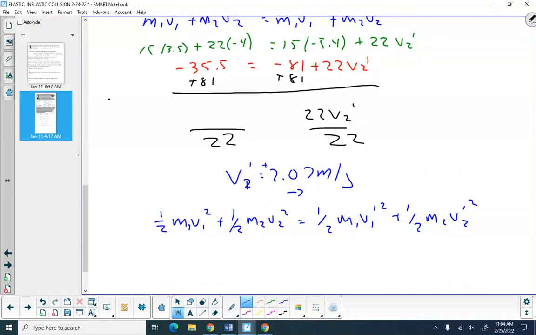There are a few more calculations. As you go through this, if we're conserving kinetic energy, we could multiply through by 2 or divide through by 1/2 and get rid of those fractions.